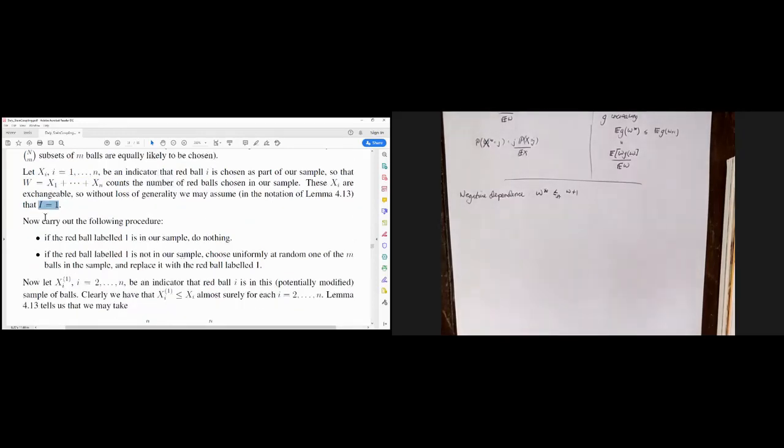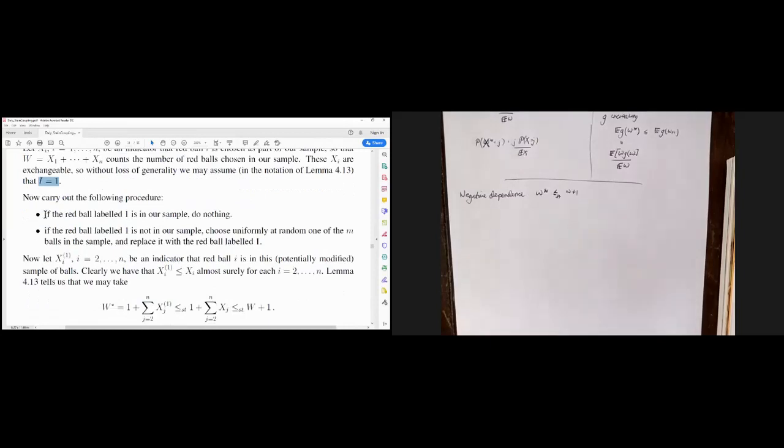To construct my size bias version, I look at my sample. If this red ball that happens to be called number 1 is already there, then I'm not going to do anything at all. If it's not there, then I'll choose one of the m balls that I've got in my sample and replace it with the red ball that I've picked, labeled 1. This distinguished red ball that I've chosen from these n things was either in my sample or it wasn't.